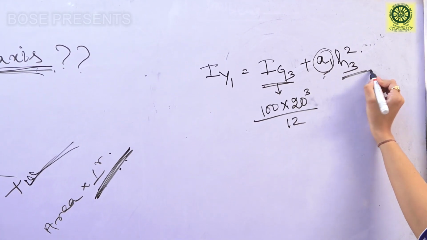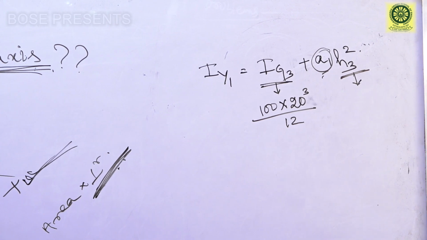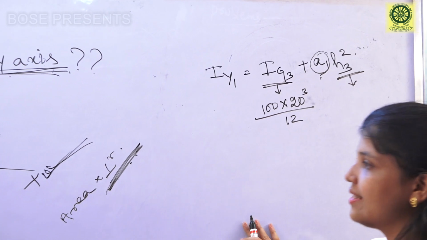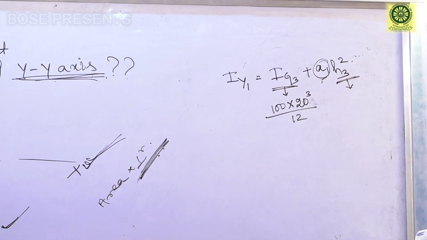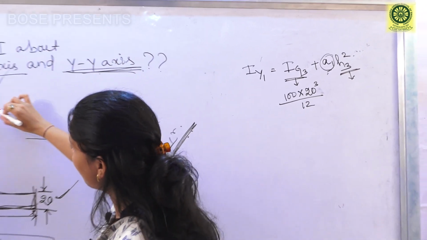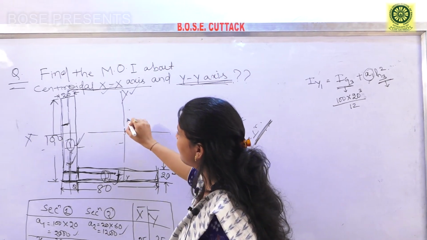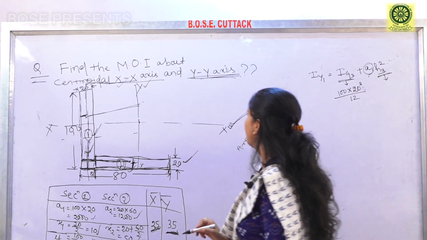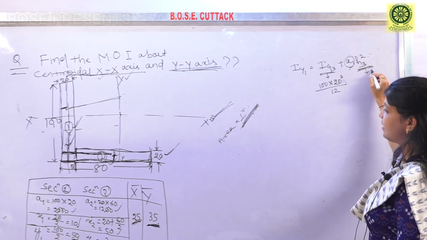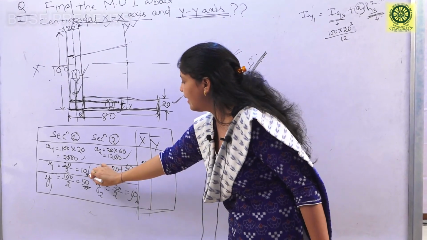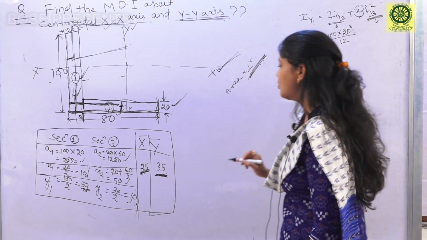Now what is h3? Here h3 is the perpendicular distance for the axis about which we are calculating the moment of inertia. So here, since we are calculating about the y axis, the perpendicular distance will come in the x direction. So here h3 will be the distance between our x bar and x1. So the distance will be how much?